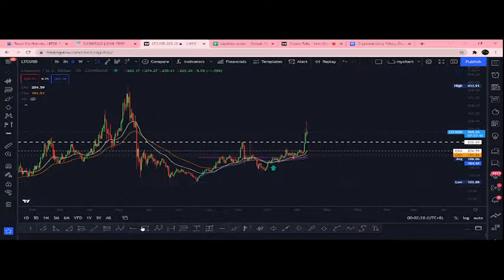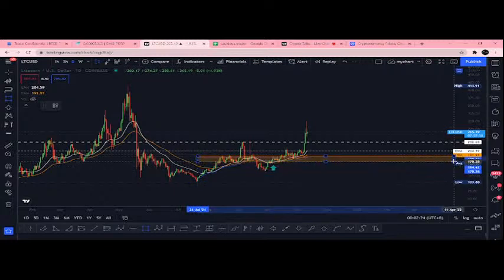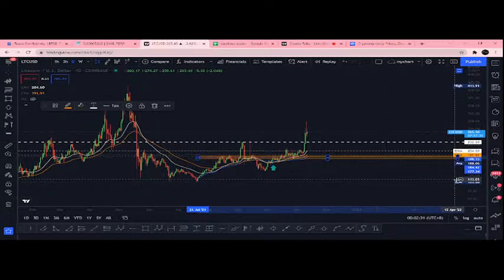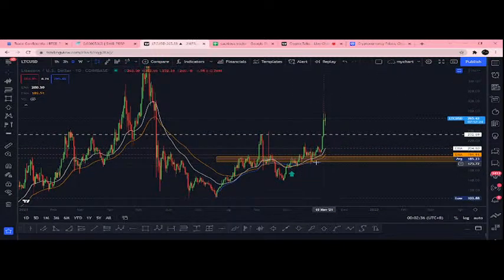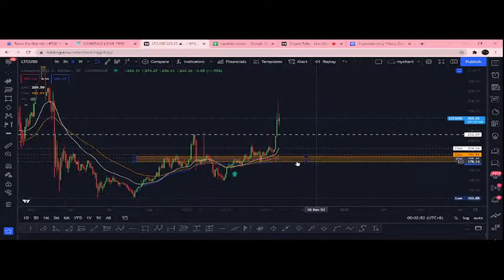So we'll use this one as our strong support area, which is the 190 area, because that's where the point of control is, or where most of the transactions have been done, at the 190 area, or 184 to be exact. And then that's also where the VWAP is.